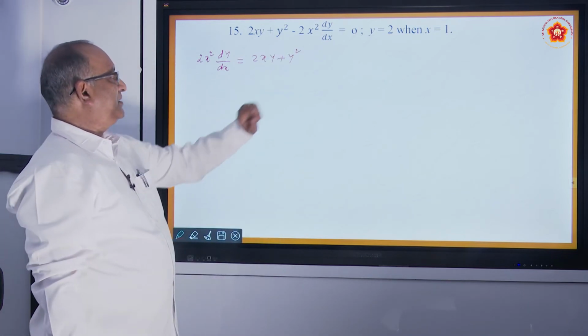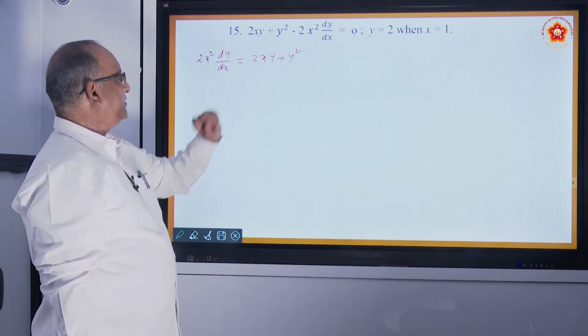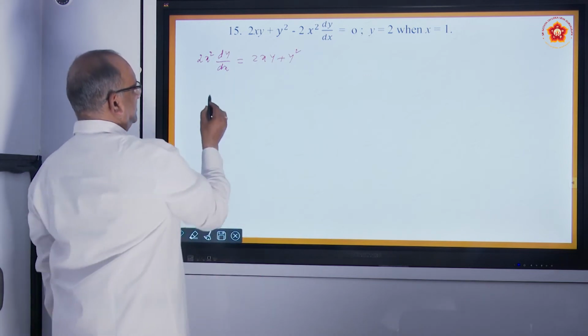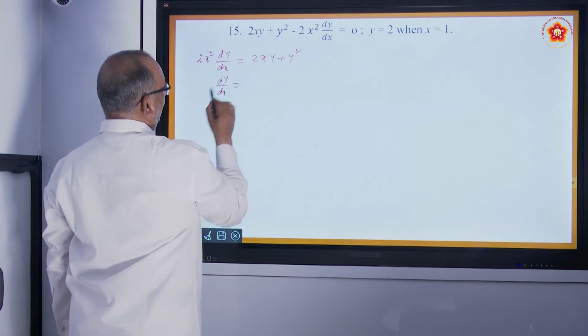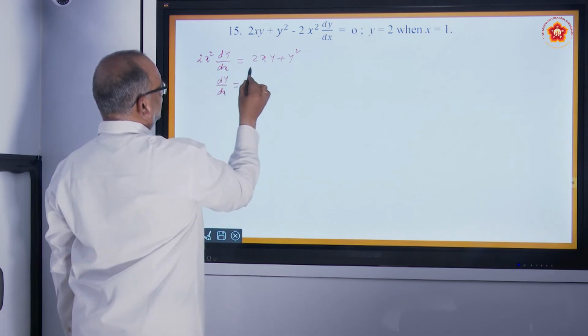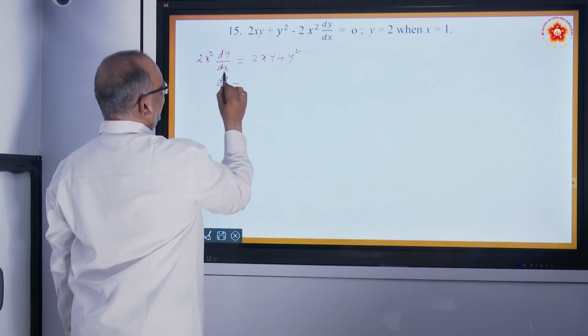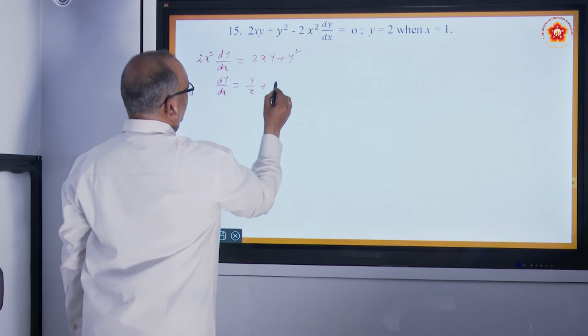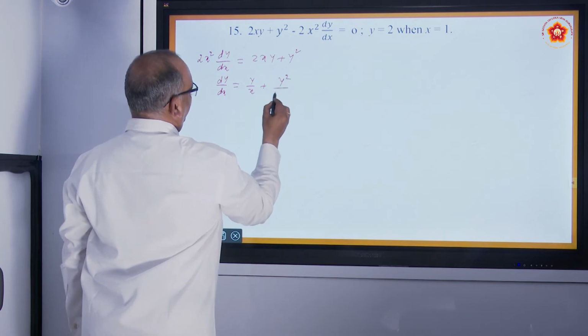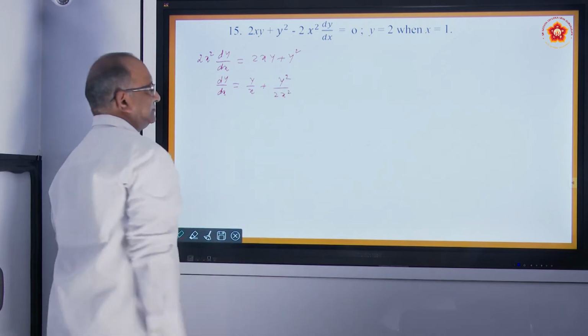We have shifted that term to the other side. Divide the whole thing by 2x square. So, you will get dy by dx equal to, divide this with 2x square, 2 will get cancelled, one x will get cancelled, you will have y by x plus y square upon 2x square.